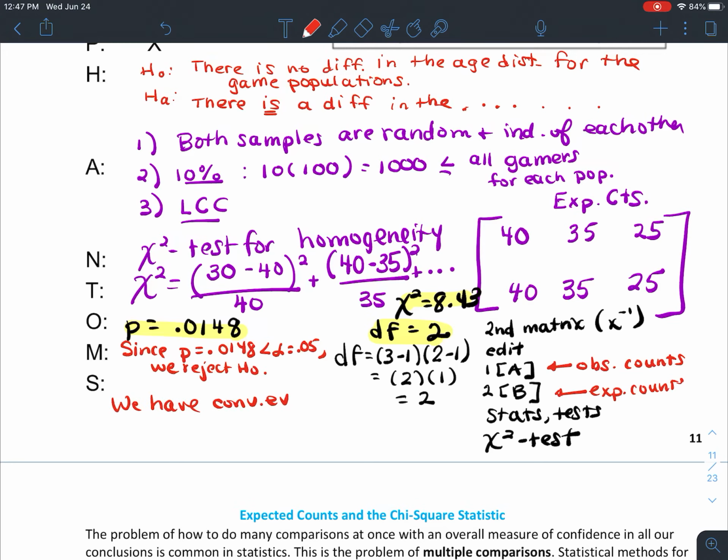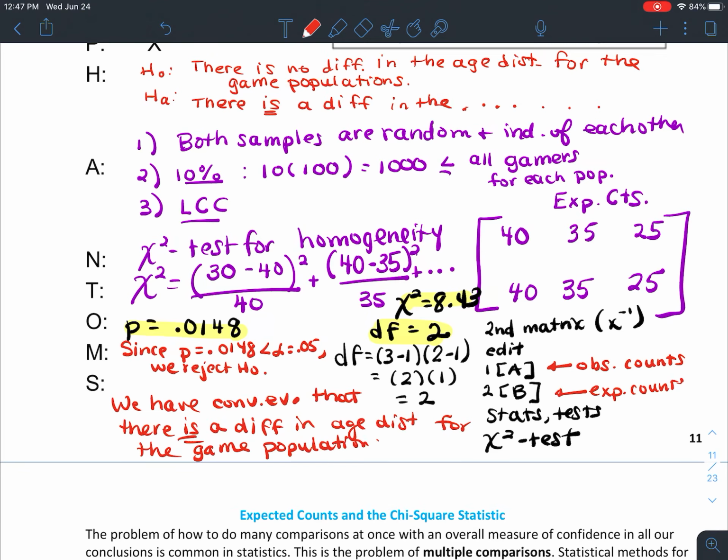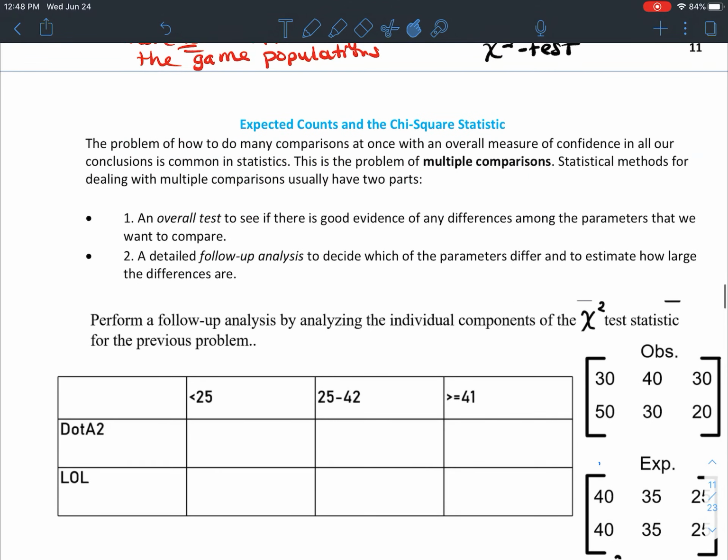That means we can say that we have convincing evidence that there is a difference in the age distribution for the game populations. I probably should have included up here in the hypotheses step what the alpha level was for this. I think it said it in the problem, but it's always good to include that and list that.